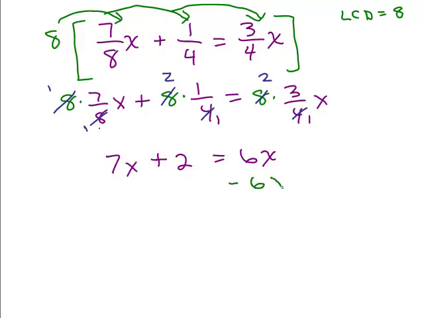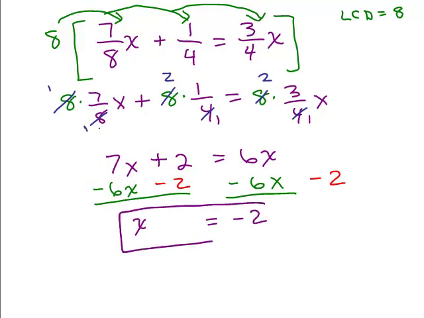I'm going to subtract 6x from both sides so that that will give me just x on the left side, which is awesome for the x part. But I don't want this plus 2, so I'm also going to subtract 2 from both sides. So on the right-hand side, 6x minus 6x is 0, so I just have negative 2. So my answer is x equals negative 2.